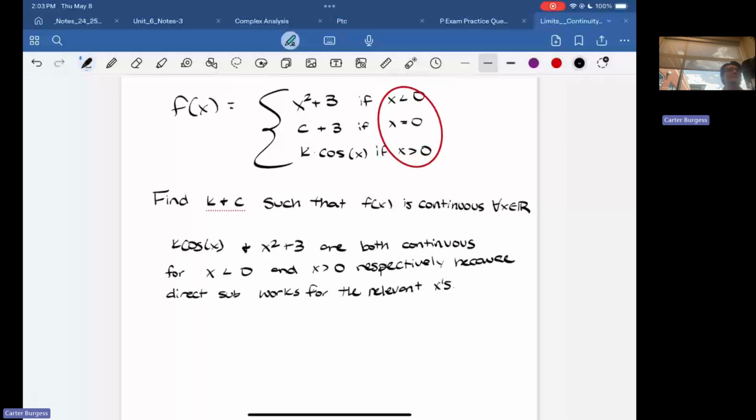Maybe that's the most condensed way we could say it. Some statement that, hey, it works everywhere that isn't 0. We're good in that respect.